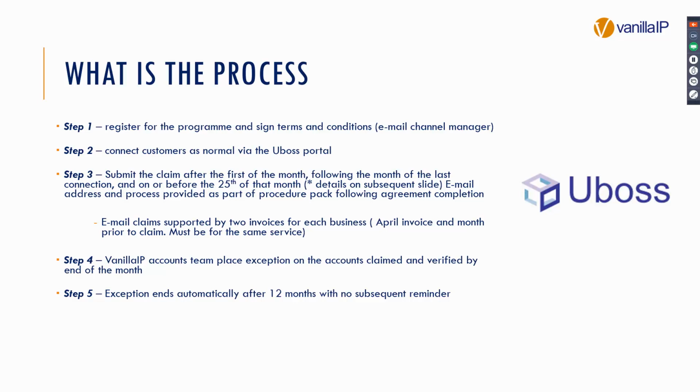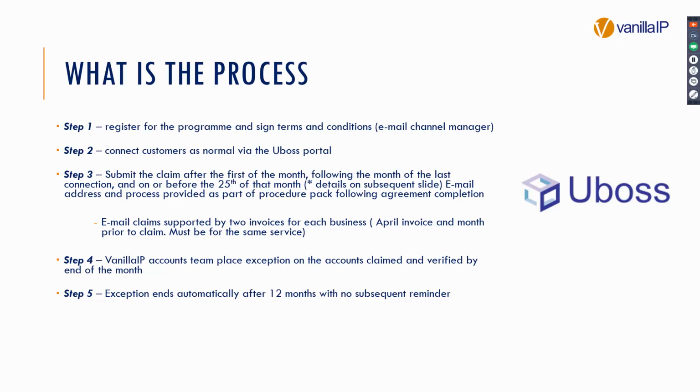This proposition is available to any customer that was a revenue customer of yours in April of 2019 and remains a revenue customer of yours the month before the month that you connect them through the UBOS portal. So we will ask you to provide us with a PDF copy of the front page of those 2 month invoices.